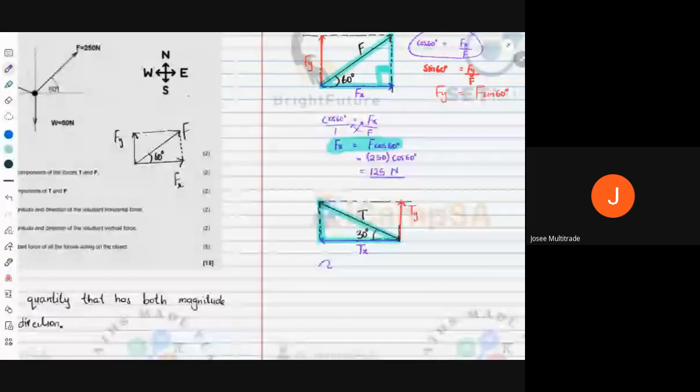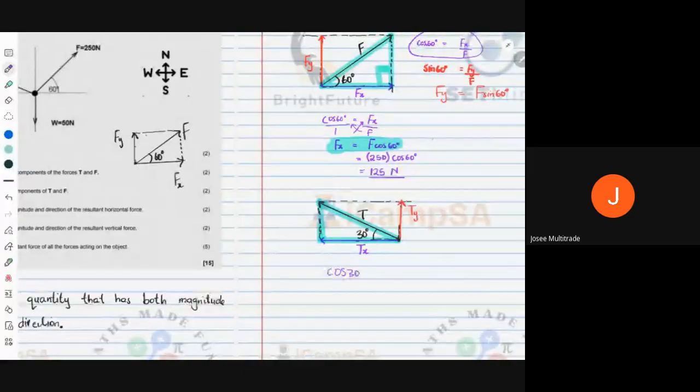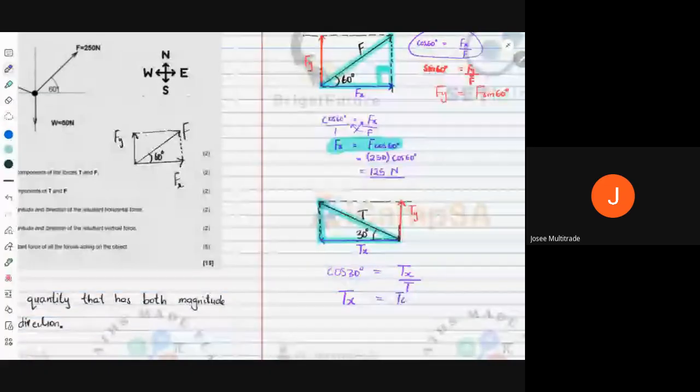All right, so we're finding Tx. We will say cos 30 is simply Tx over T, right? Then we cross multiply. Therefore, Tx is simply T cos 30. That's what we find.